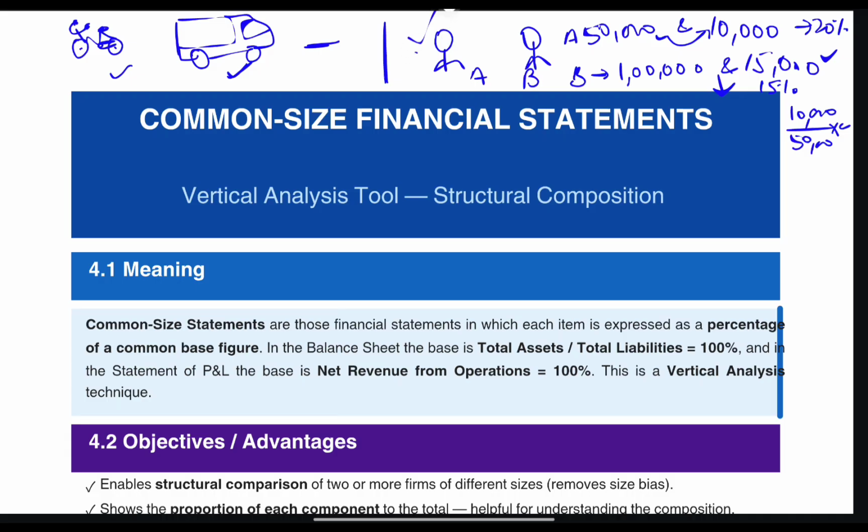The answer is student A. Got it? So common size statements convert all figures into percentages so that companies of different sizes can be compared easily. So let's start our topic, common size statements.